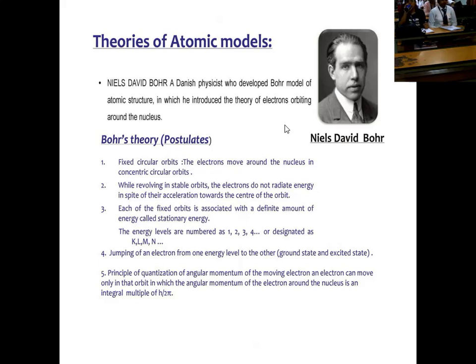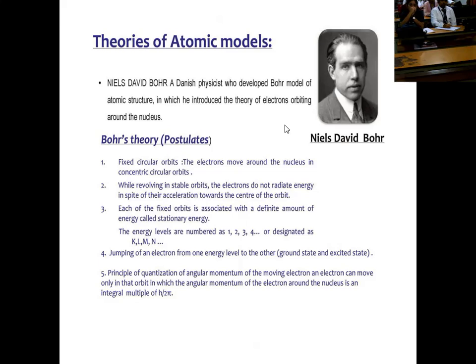That is the force of attraction, the centripetal force, and this must be balanced by the centrifugal force, the repulsive force. This must be balanced together. So that is equation number 2.